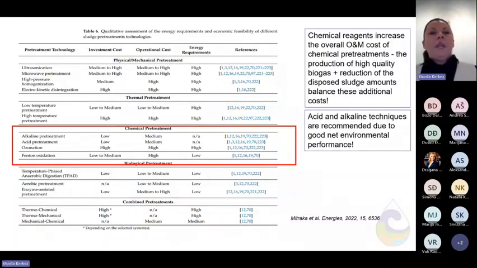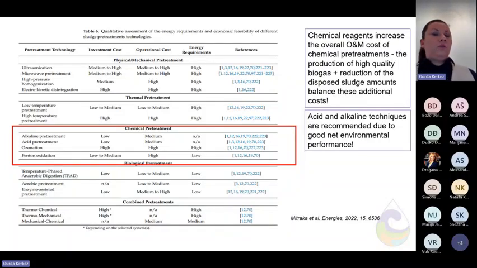As we can see, pretreatment technologies that have large investment costs and operational costs are definitely ultrasonication, high pressure homogenization, and high temperature pretreatment, and they also have large energy requirements.